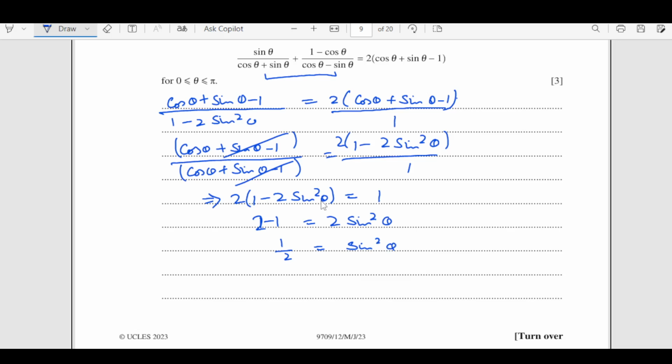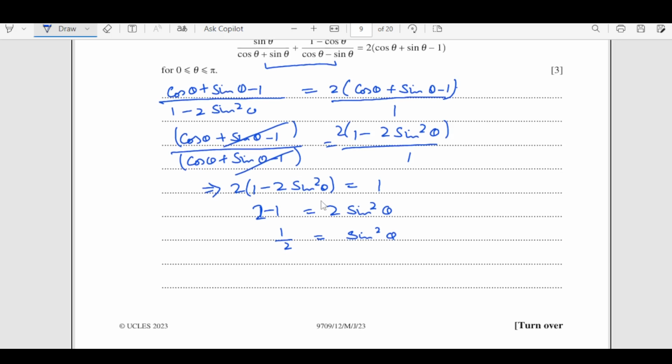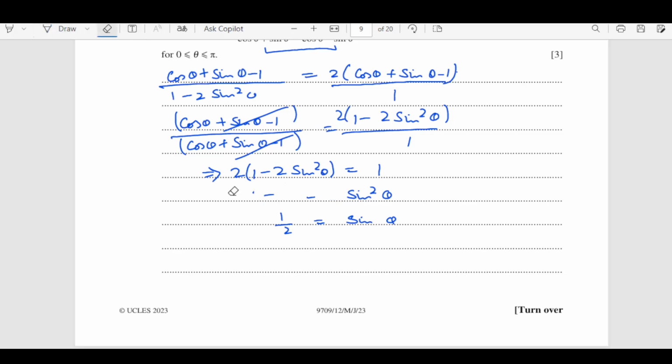So now what we will have here, sorry guys, let me redo from here, it seems there is some mistake down here.